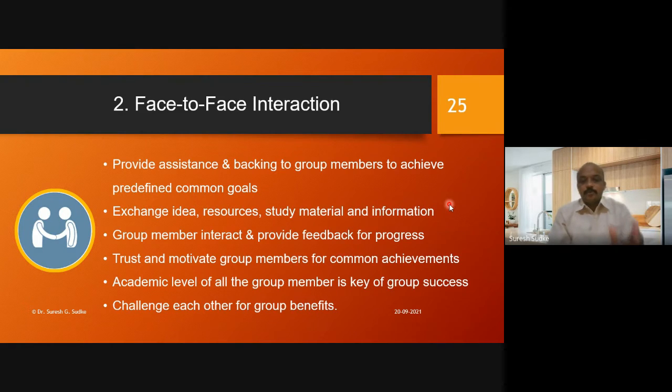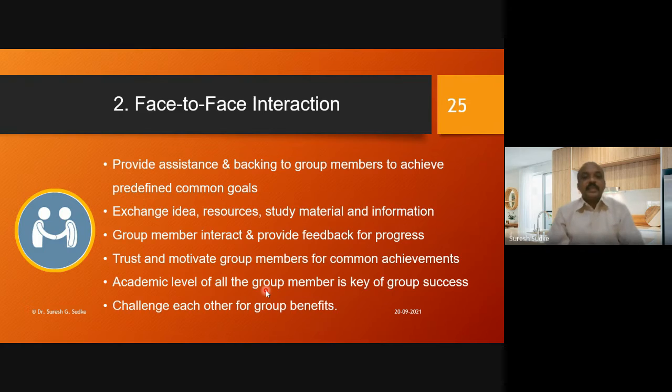Trust and motivate: the group members must trust each other. They should motivate the group members to achieve the common goals. The achievement and success of the group mainly depend upon the academic level of all the group members.